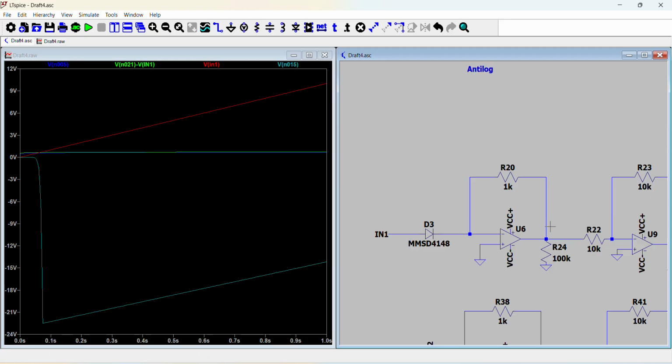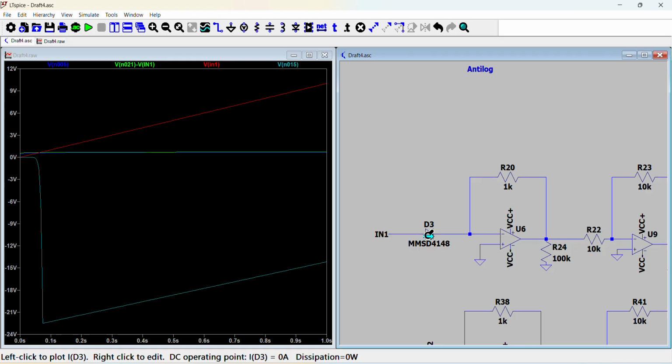So because the difference between input and output is so large, as soon as my voltage difference across the diode exceeds its limit, which in this model I think is like 0.8 volts, it just starts to fail.